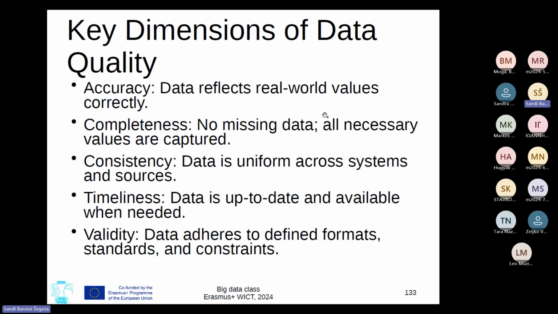But when we are examining data quality, there are a couple of different elements that we want to note. First is accuracy. That's how well the data reflects real world values.